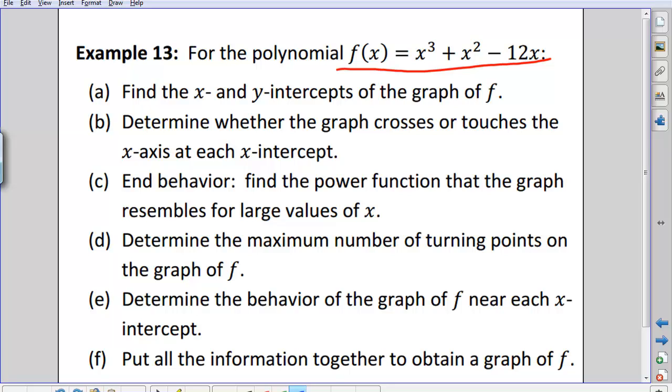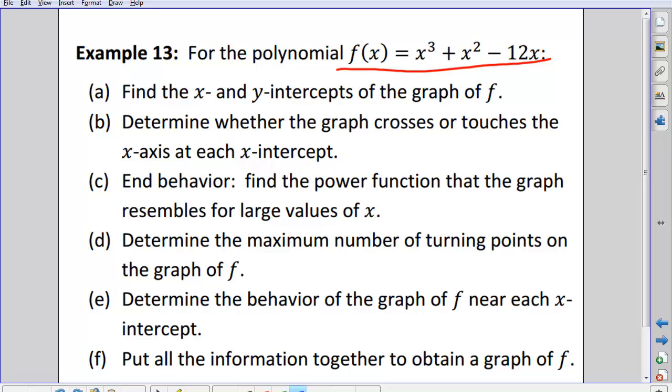So, I know we could easily put that into our calculator and see a picture of it, and from that picture we could get the x and y intercepts, and we could see what the ends of the graph do and what it looks like near the zeros. But it's good to know, without having to graph every single function, just some of these things. What's the end behavior going to look like for this function without having to graph it, okay? Because some of these are pretty quick and easy to figure out.